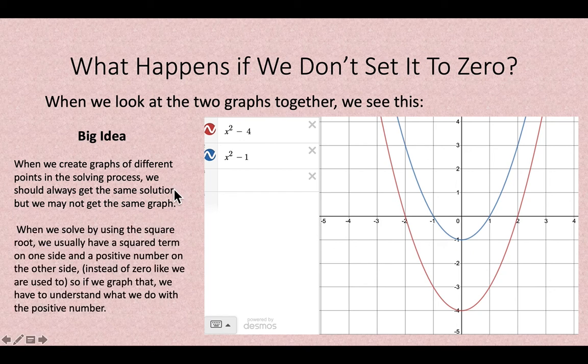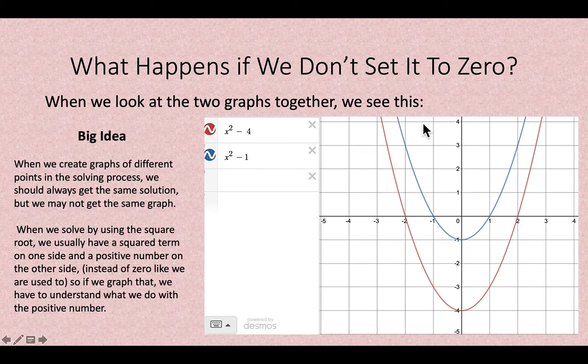So the second part of our big idea is when we're solving using the square root, we usually have a square term on one side and some number on the other side. And so in our other solving processes, we tended to have a 0 on one side and everything else on the other side. But now we are very purposefully creating a situation where we have some number on one side and our square term on the other.